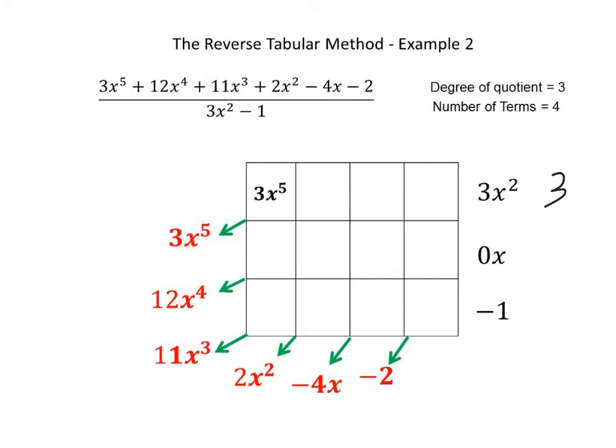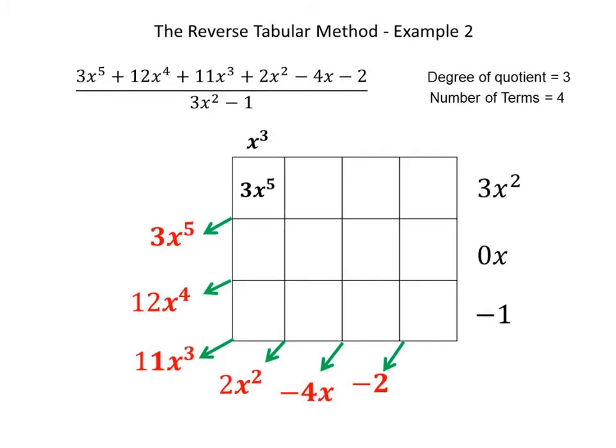If we do 3x to the fifth divided by 3x squared, this 3 will cancel this 3, and then we just need to subtract the exponents. 5 minus 2 will give me 3. So up here will be x to the third. Here is x to the third, I have it written.